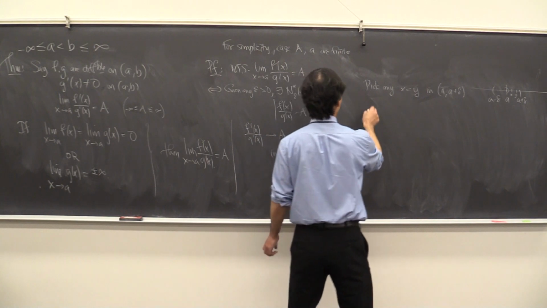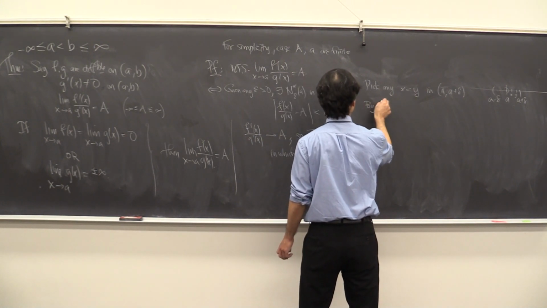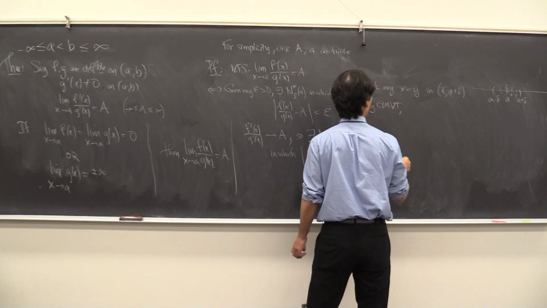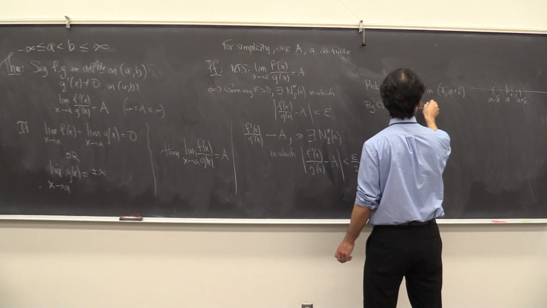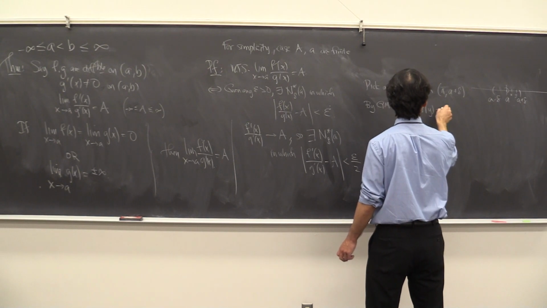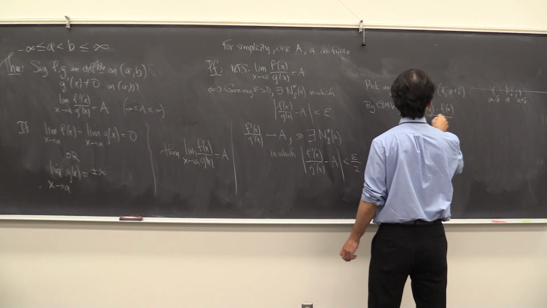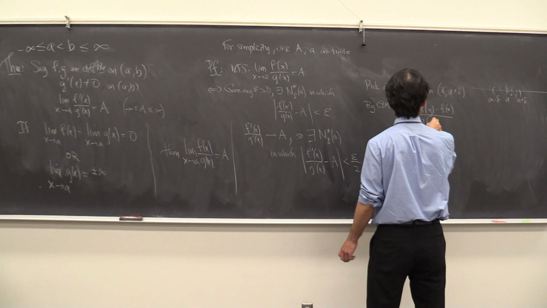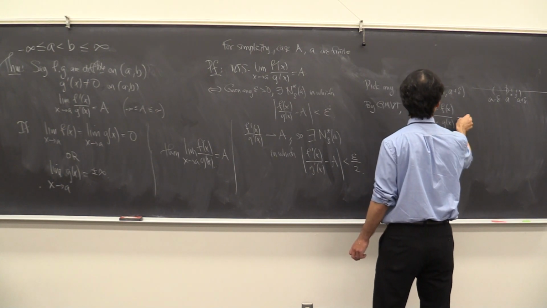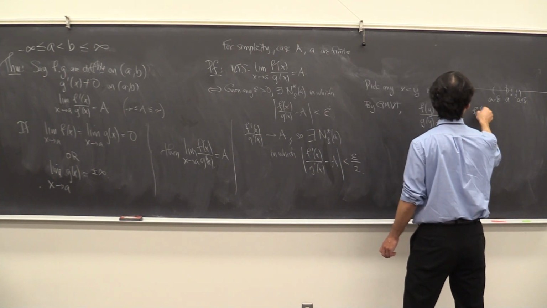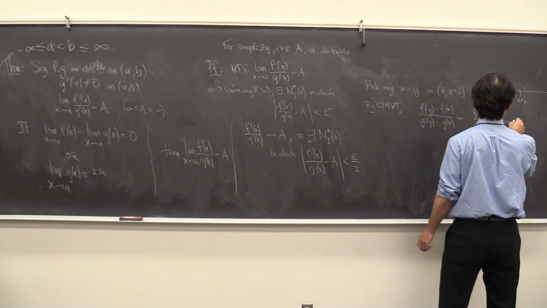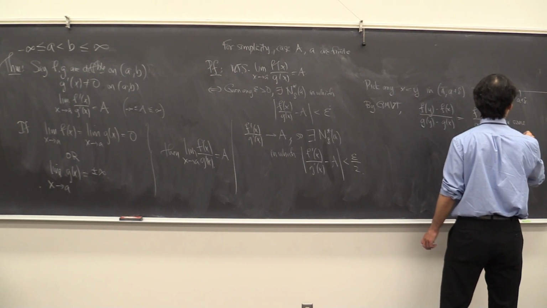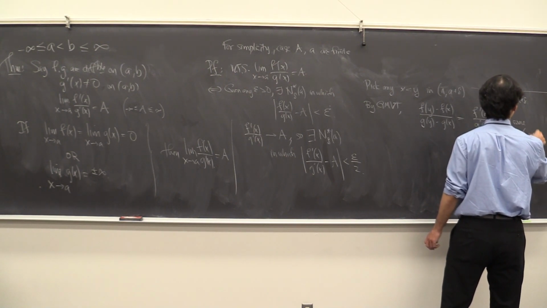By the generalized mean value theorem, we know that f of y minus f of x over g of y minus g of x equals f prime c over g prime c, for some c between x and y.